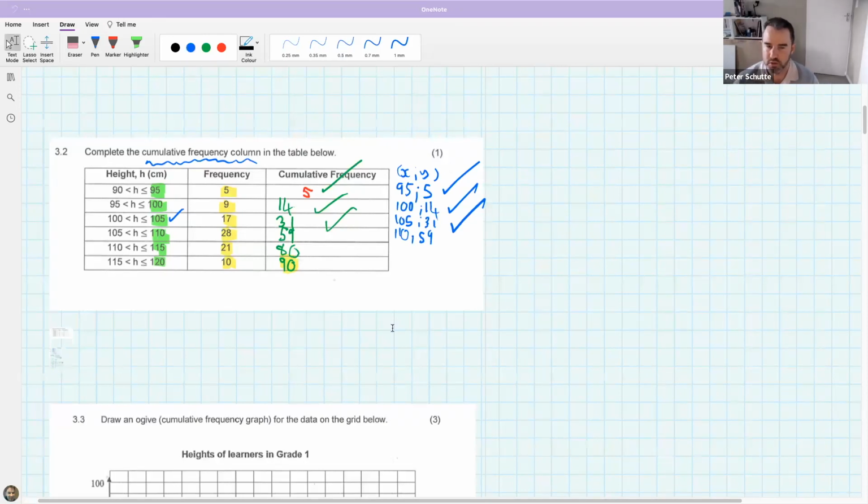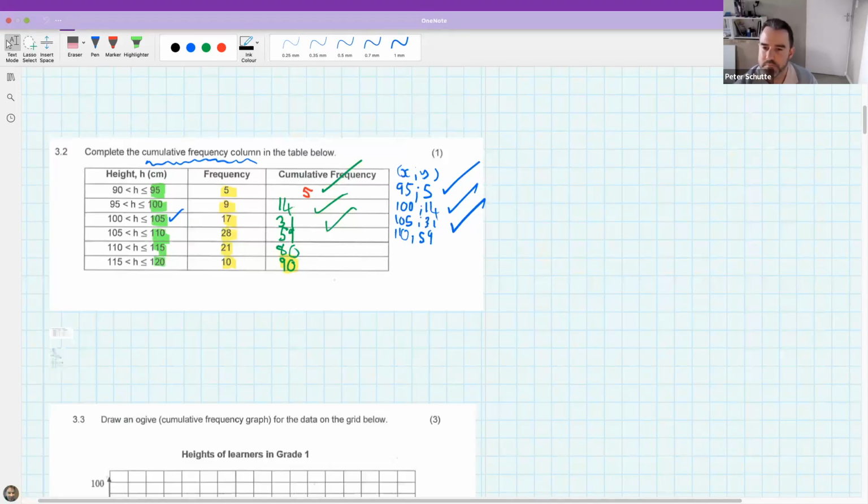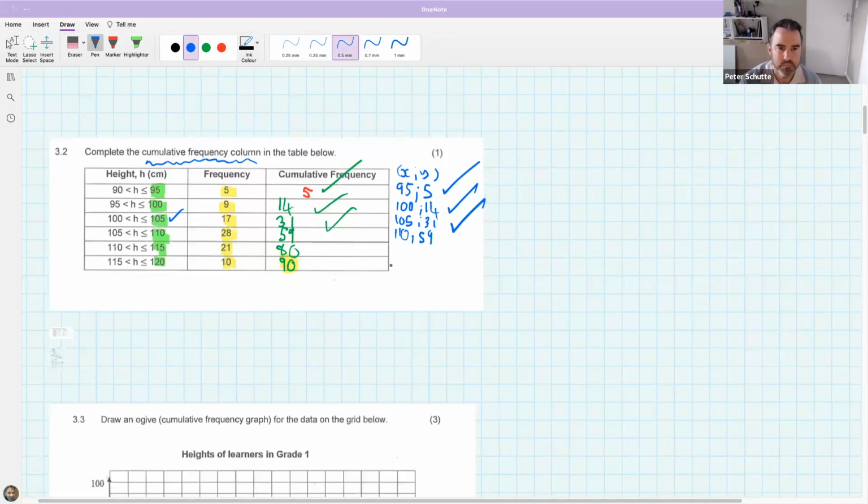What are the next 2 going to be? 115 and 80. And then 120 and 90. Now, it looks like we have 6 points that we can use to make our ogive.